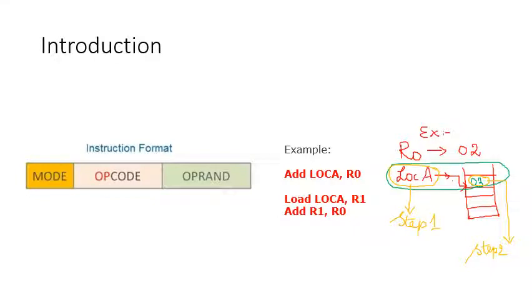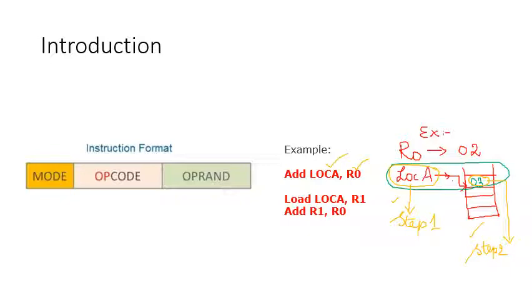So this operand is fetched from the location A in the main memory into the processor. Only after these two operations will it add the content of location A and the content of register R0. So 2 plus 3 will be performed after step 1 and step 2.